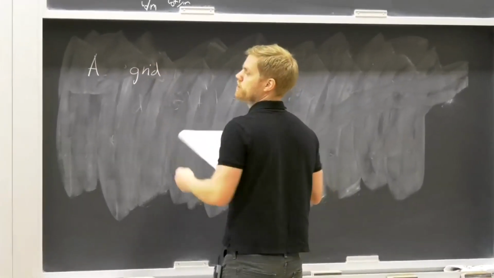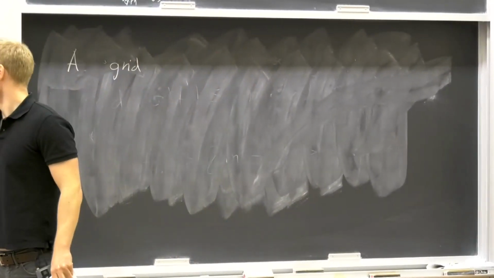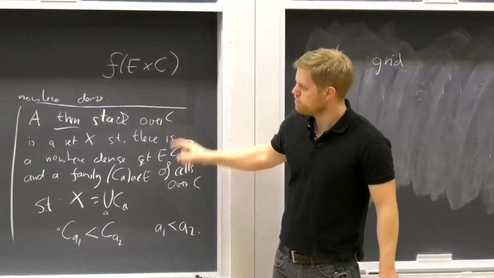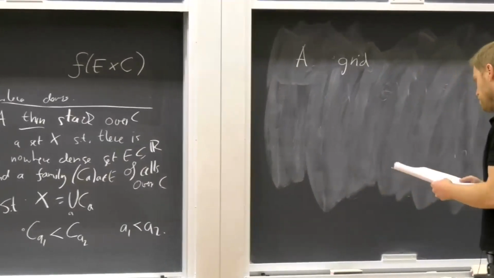Okay, you do the same thing for thick stacks, where you replace the cell here, which is just the image of a continuous function, by bands between continuous functions.